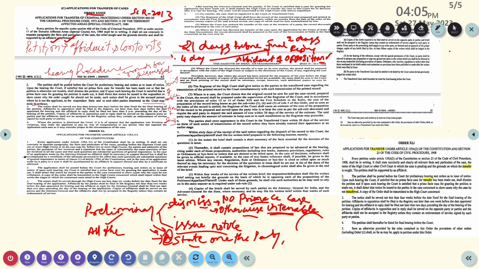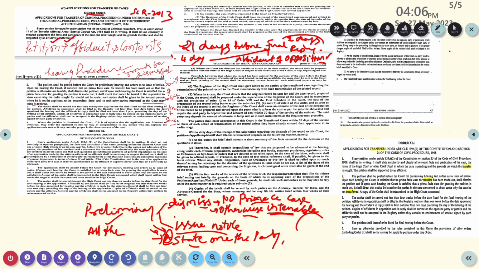So 4 days for the affidavit in opposition, and the affidavit in reply shall be filed not later than 2 p.m. preceding the day of the hearing of the petition.